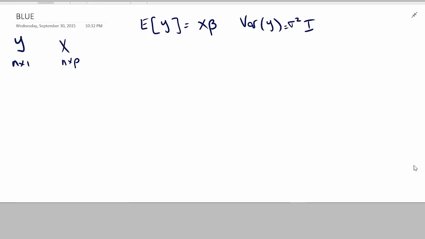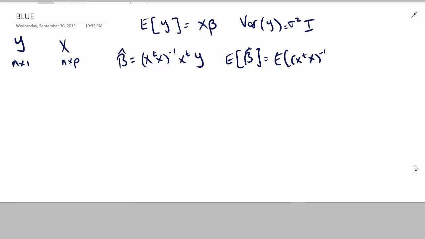If we use beta hat as our least squares estimator, x transpose x inverse x transpose y, then the expected value of beta hat is x transpose x inverse x transpose times the expected value of y, since we're conditioning on x, so x is not random. And the expected value of y is just x beta.